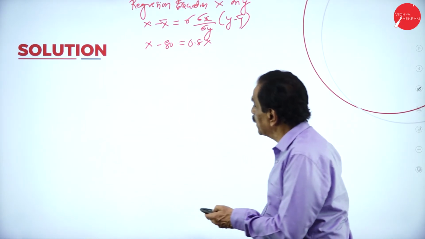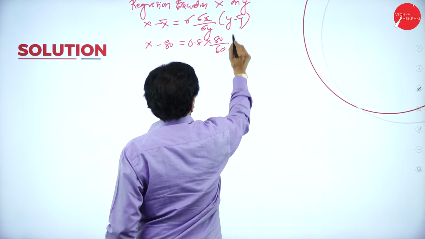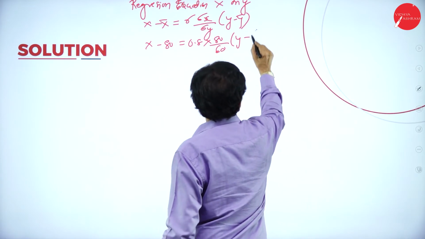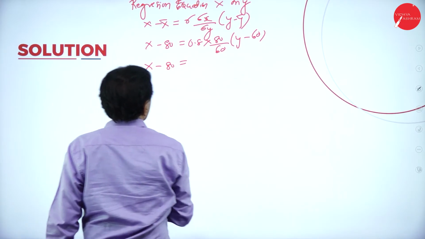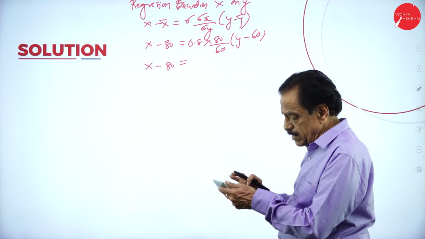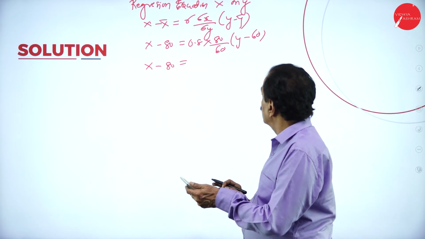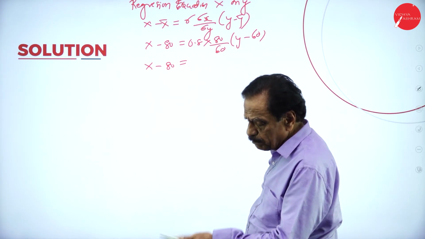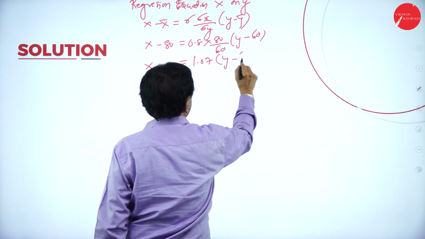Standard deviation x is 80 divided by 60, y minus your y mean is 60. Simplify. X minus 80, 0.8 into 80 is 64, divided by 60 is 1.066, about 1.07 into y minus 60.